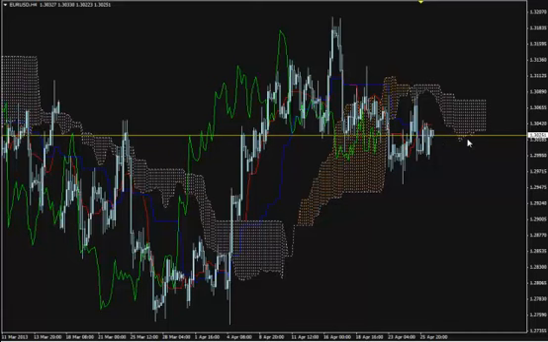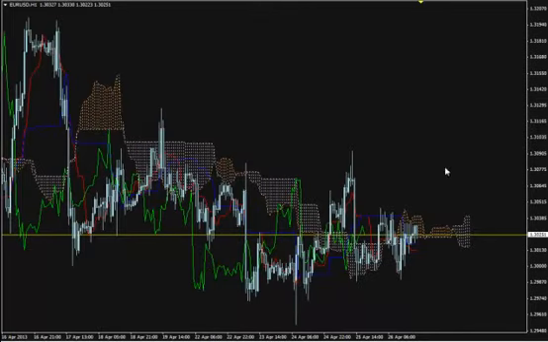I wouldn't enter because as many possibilities there are for the price to go up, the exact same possibilities are for the price to go down. So if you want to risk, you shouldn't do that from this time frame at least. Go to a time frame where odds are more in your favor.